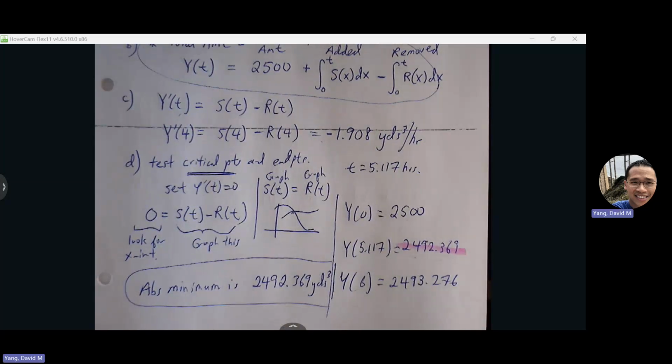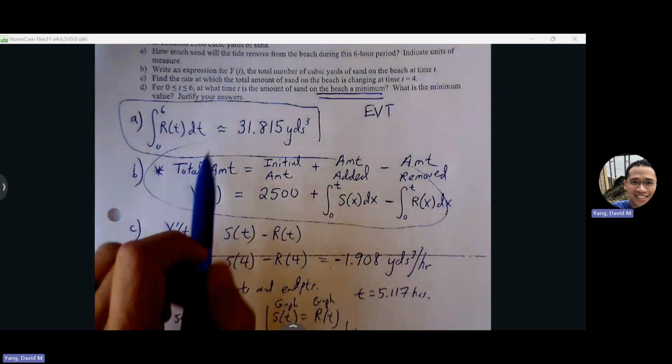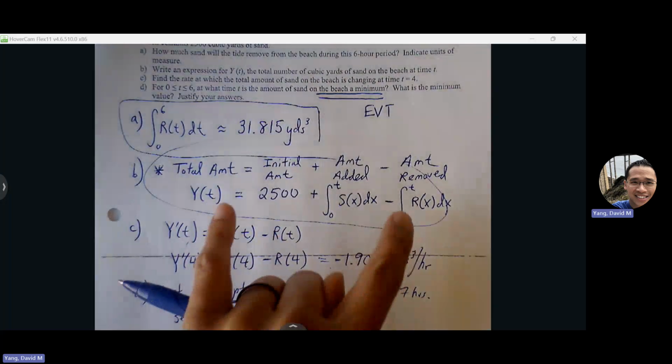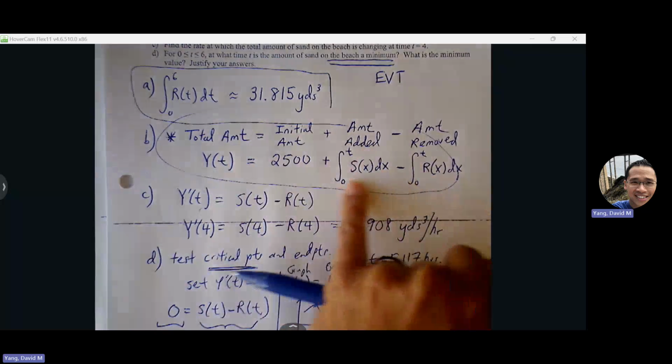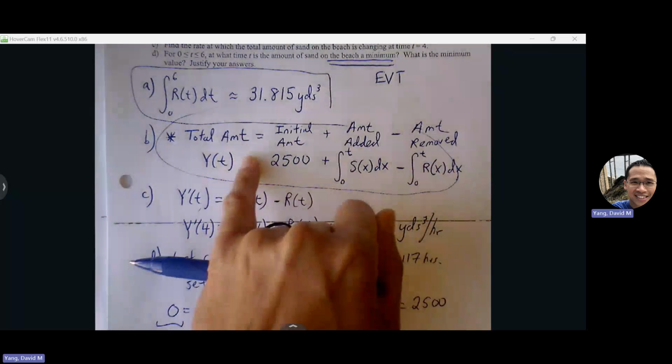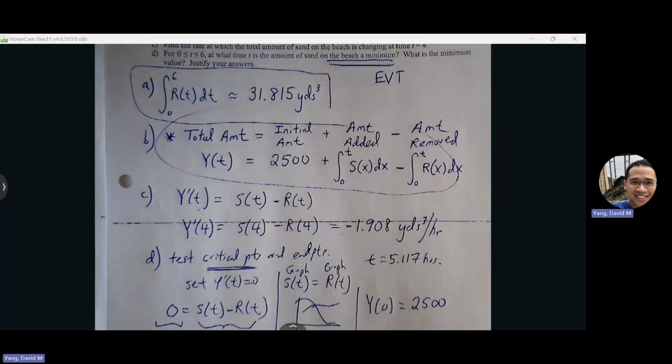Any questions? This is a very popular format for these rate in, rate out problems, where they start you off involving an integral, and then they ask you to build a formula, and then use the extreme value theorem to find the absolute max or absolute min using that formula, and also involving a derivative. So this is a very common structure for these rate in, rate out problems.